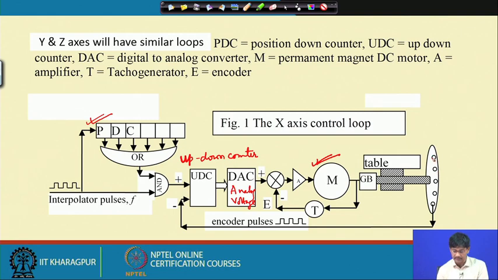Now, here there is one feedback device called encoder. The encoder sends back pulses telling the machine where the table is. So, these pulses go back and they are compared with the pulses which are coming in from the interpolator. It's just like a tank being filled up by an incoming pipe and an outgoing pipe.